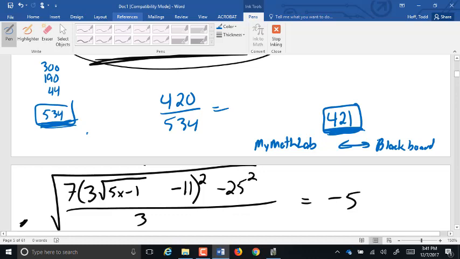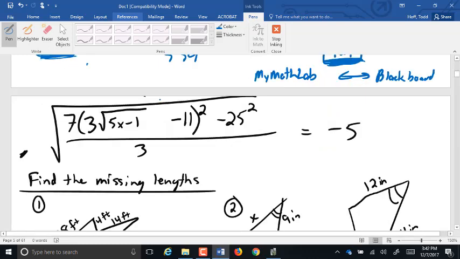I literally have to open up both grade books and look at them side by side. And then the My Math Lab grade book does not fit on one page, so it's really tough to compare them. So if you've done any quizzes, and it's a good idea just to compare anyway, make sure your quiz grades in My Math Lab and your quiz grades in Blackboard match up. Some differences might be accounted for by a late penalty, but other than that, make sure they're there.